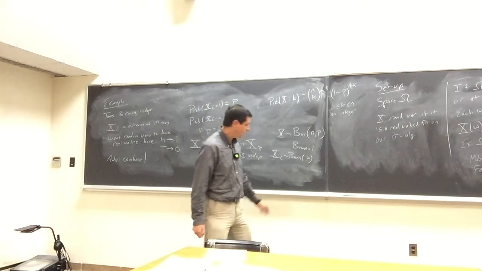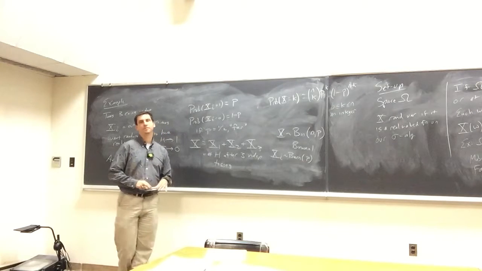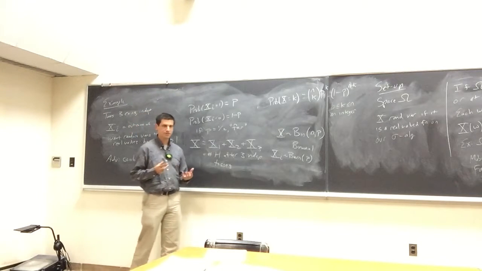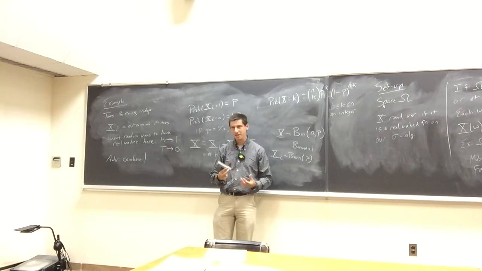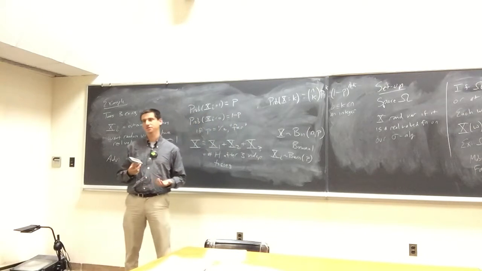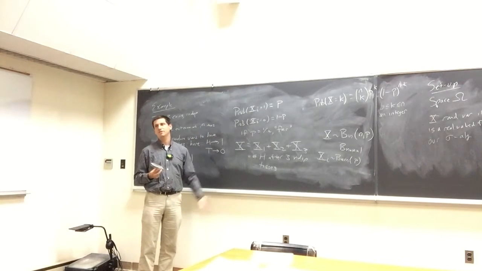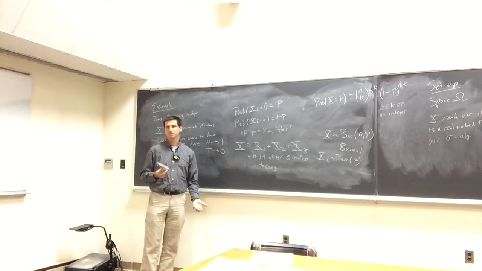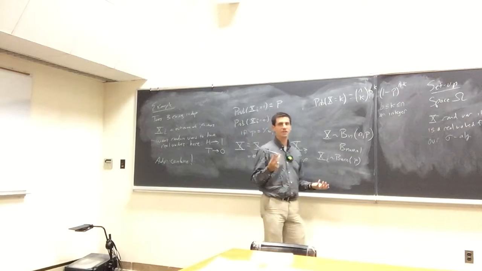So what we want to do now is we want to introduce a probability density function. A lot of math textbooks go through everything for discrete random variables, and then they go through everything again for continuous random variables. There's really not that much difference between continuous and discrete. In discrete random variables, we have sums. What do you think we have in continuous random variables? Integrals. And I think I've mentioned this before.